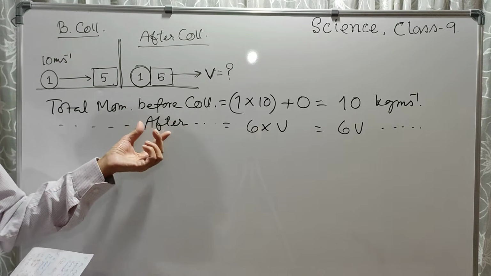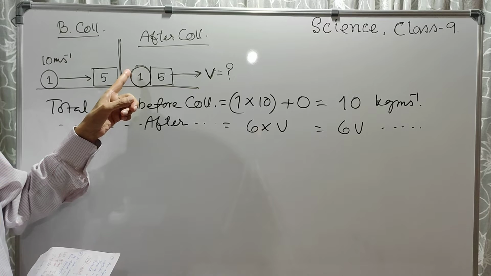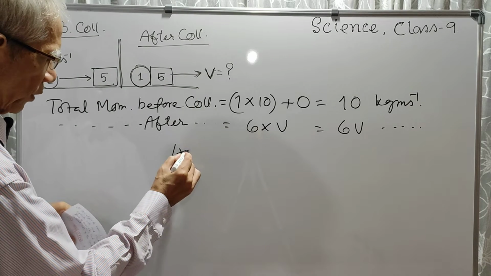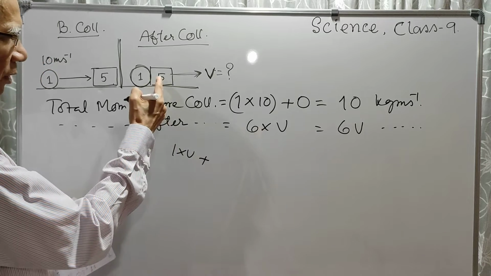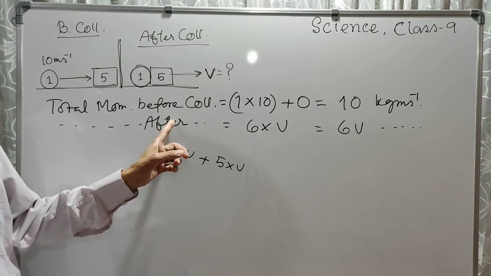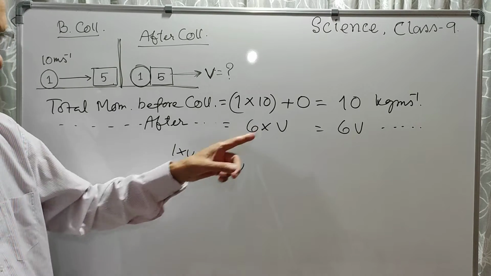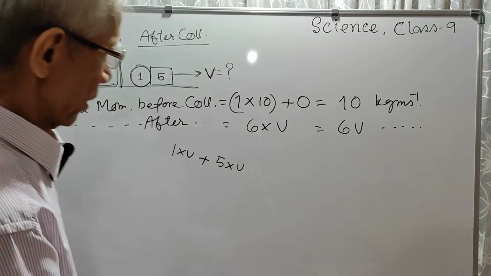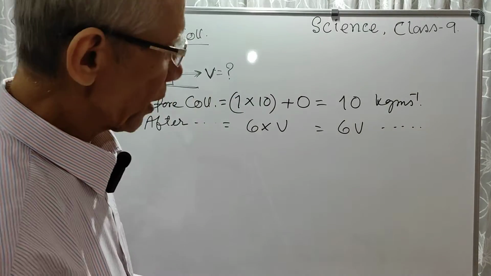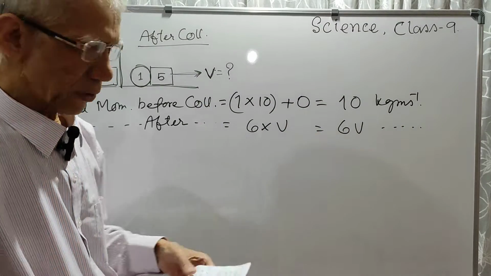Now this total momentum after collision you can find out separately also. Momentum of the first body will be 1 into v plus momentum of the second body will be 5 into v. So whether you do it this way or this way, it is 1 plus 5, that is 6v, isn't it? Now according to the principle of conservation of momentum, total momentum before collision is equal to total momentum after collision.